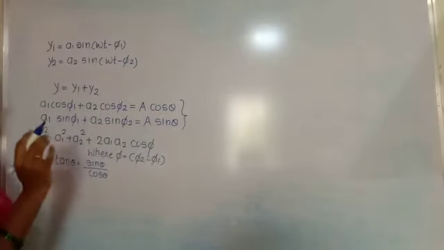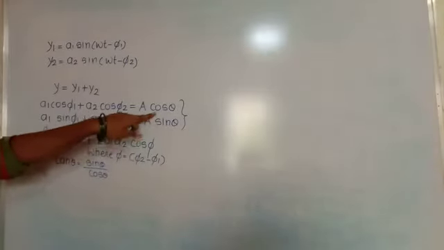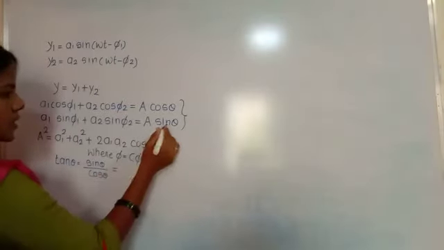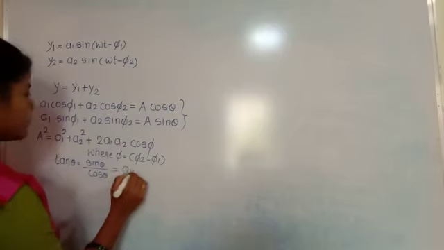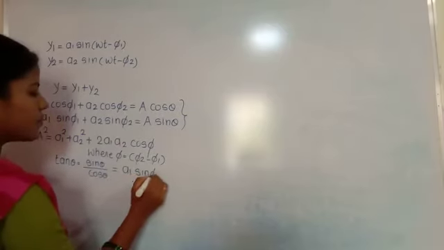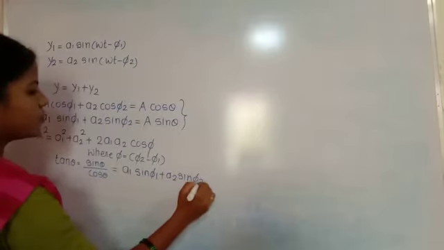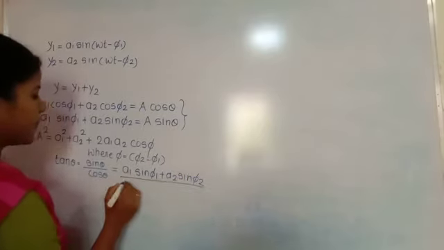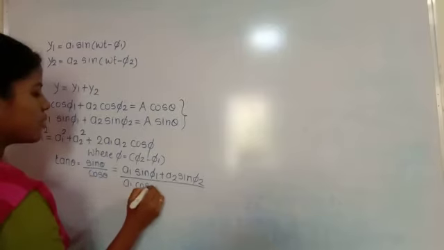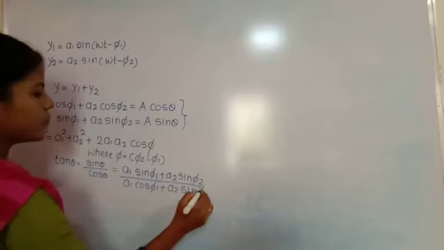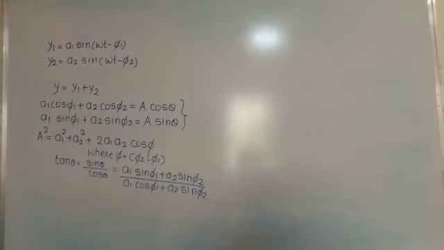So by dividing the second by the first, we get tan theta, which is a1 sin phi 1 plus a2 sin phi 2 divided by a1 cos phi 1 plus a2 cos phi 2.